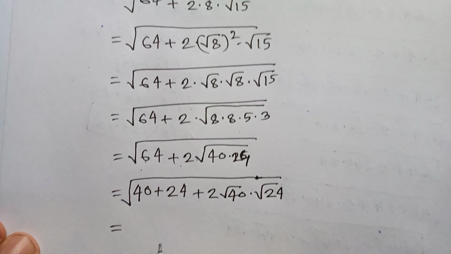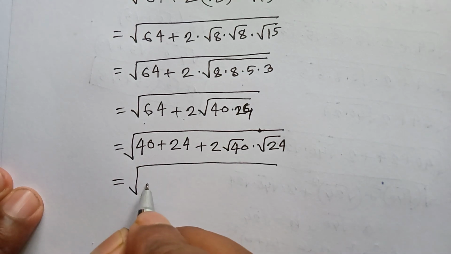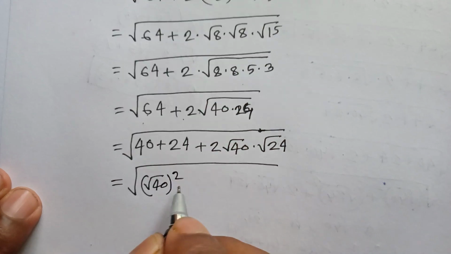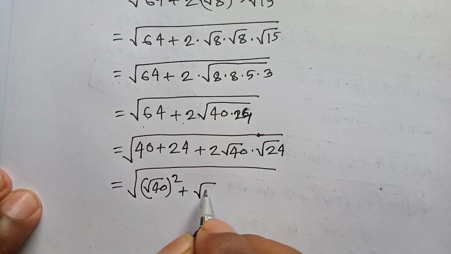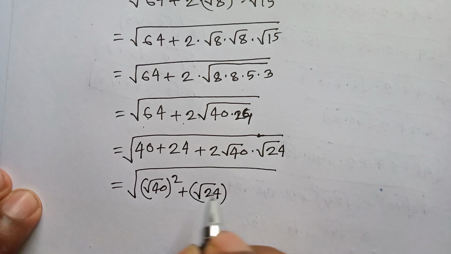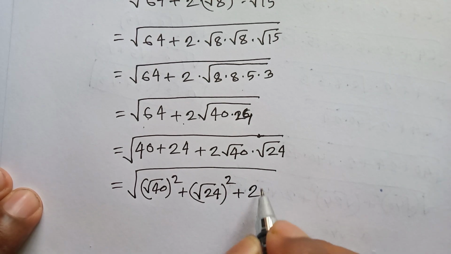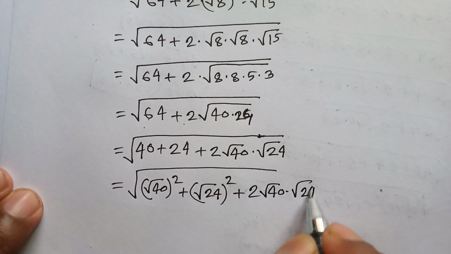And next step, this 40 can be written as root 40 whole square, plus this 24 can be written as root 24 whole square, plus 2 times root 40 times root 24.